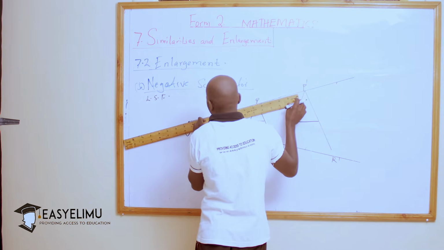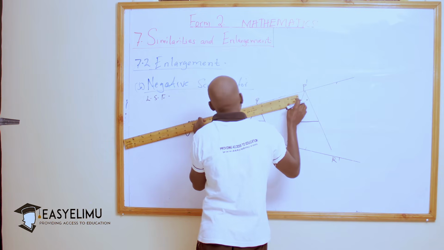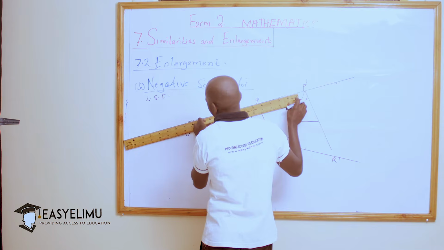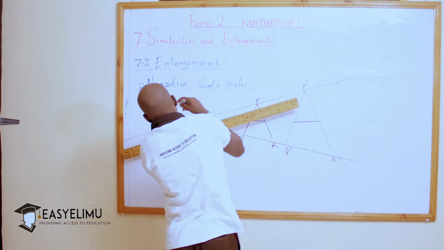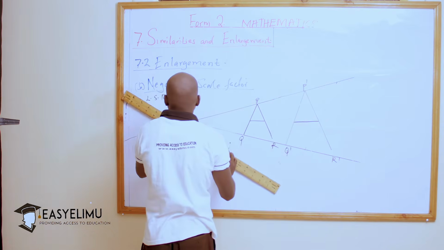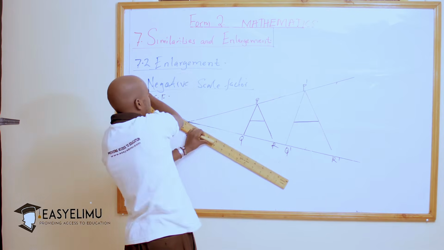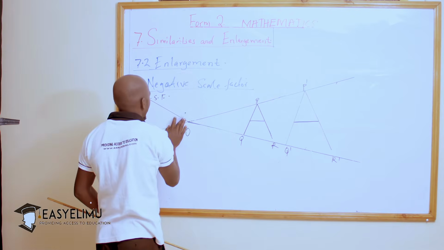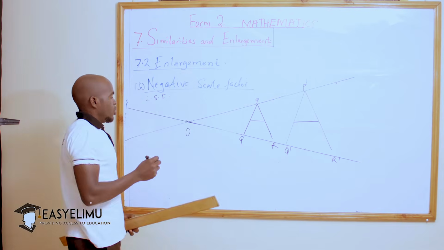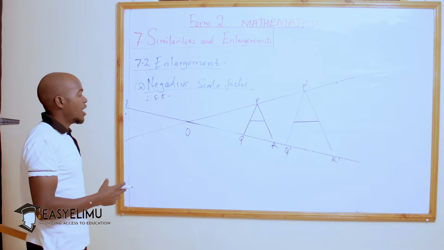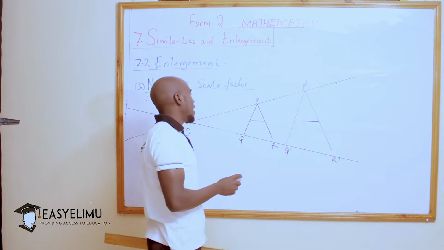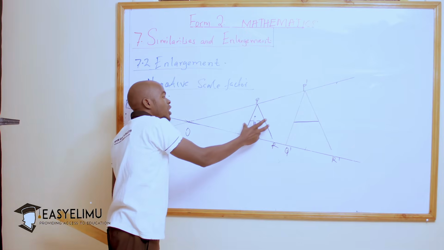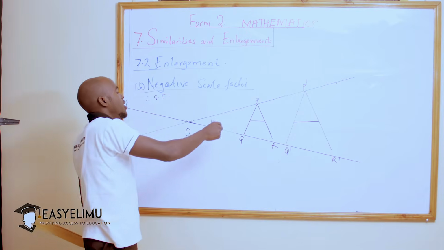What you do is extend these lines of enlargement here to the other side there. The same applies to this. You extend them to the other side, and if you draw it, you are going to have another figure similar to this, but much more enlarged.